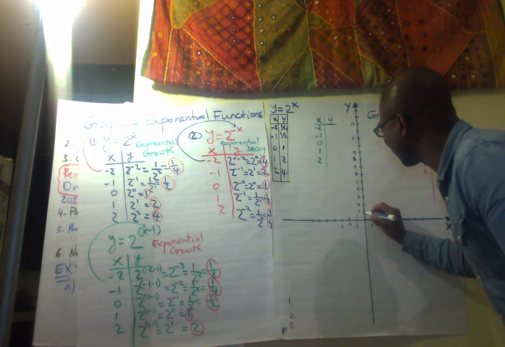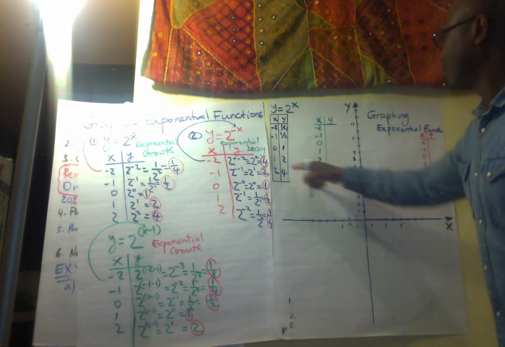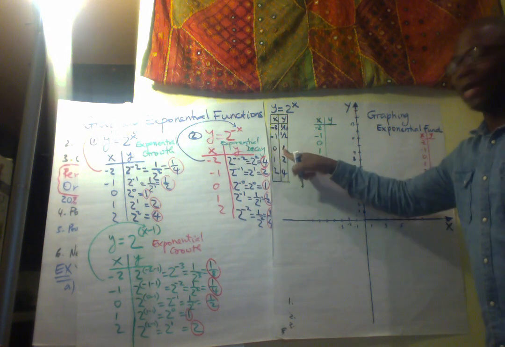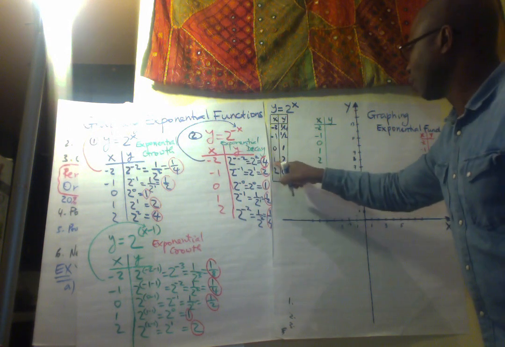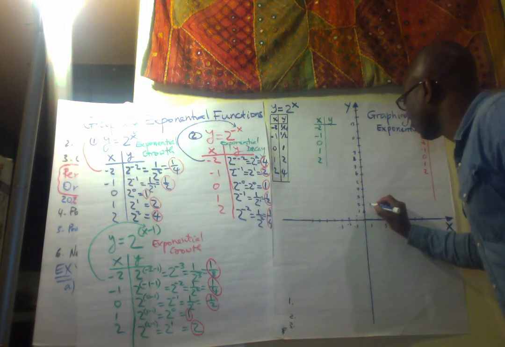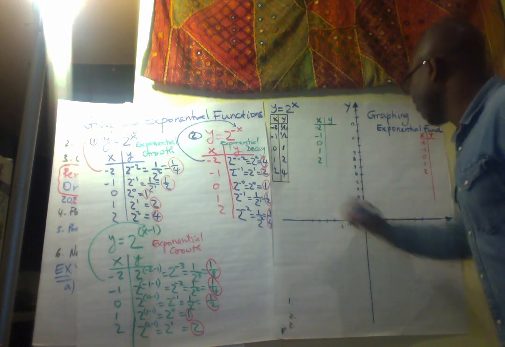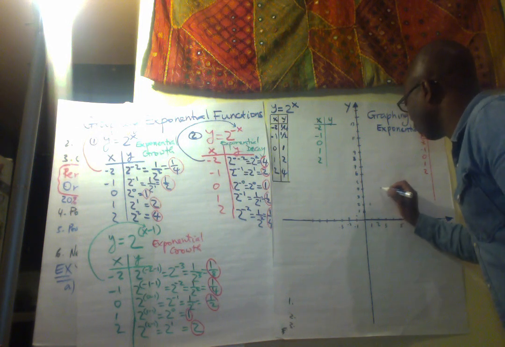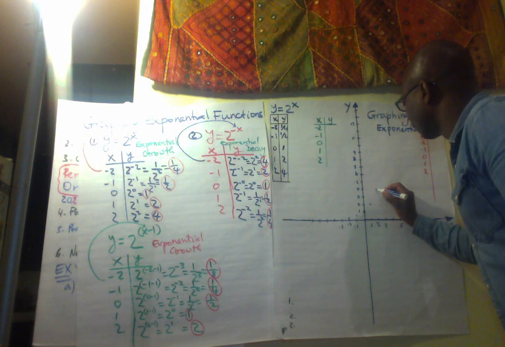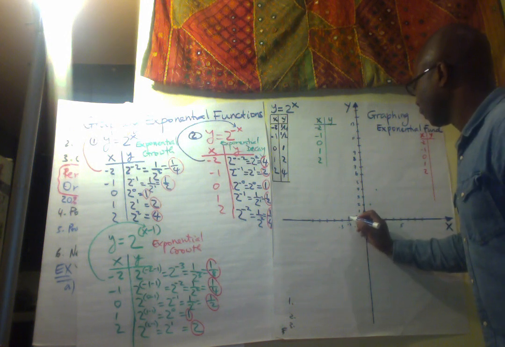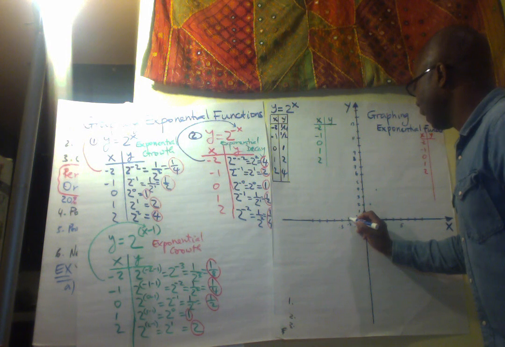That's the y-intercept. You gotta remember, when x is 0, that's the y-intercept. So the y-intercept is 1. At 1, we got 2. At 2, we got 4. So somewhere here.